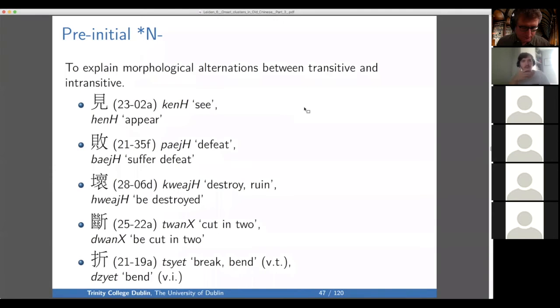I don't know if there is some evidence for this, maybe not, but I would think that this is something that would very easily become productive, because that's something you might need to create new transitive or intransitive verbs on one root.